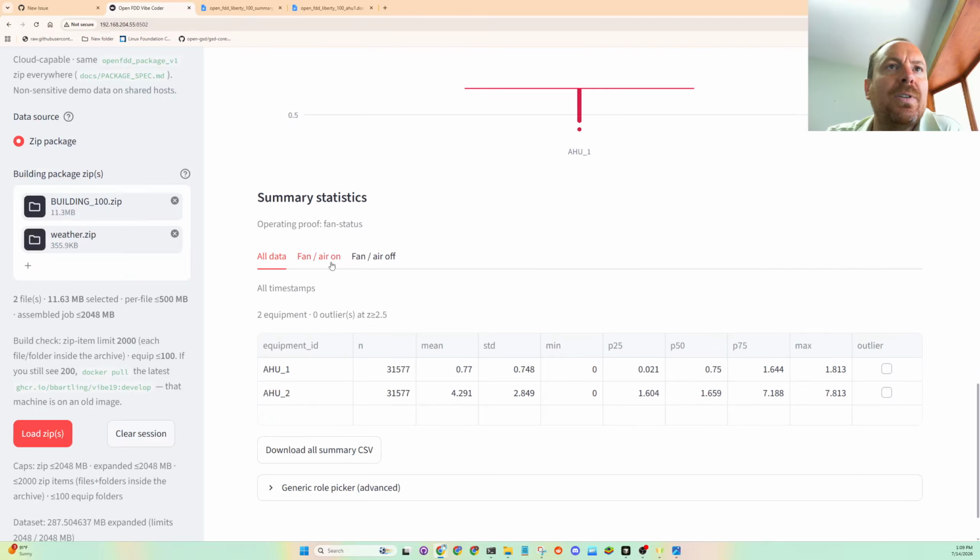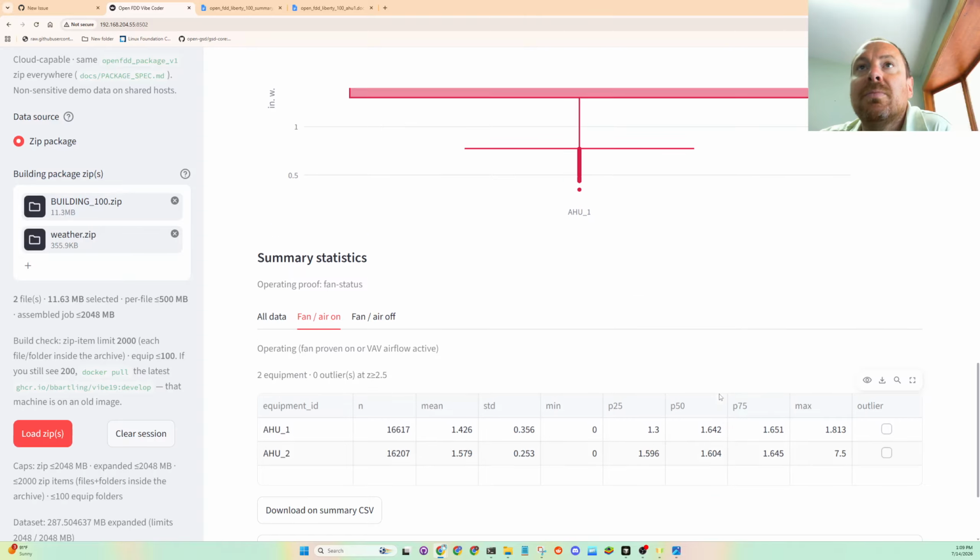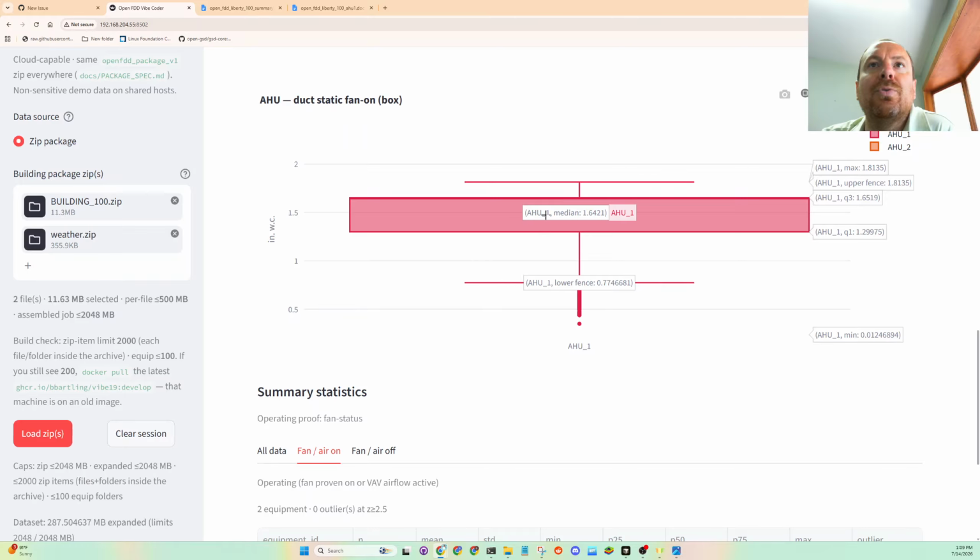We can see that here in the fan on statistics. 50% of the data is in between 1.5 and 1.6 inches of duct static, which is pretty good. That is between here and here.